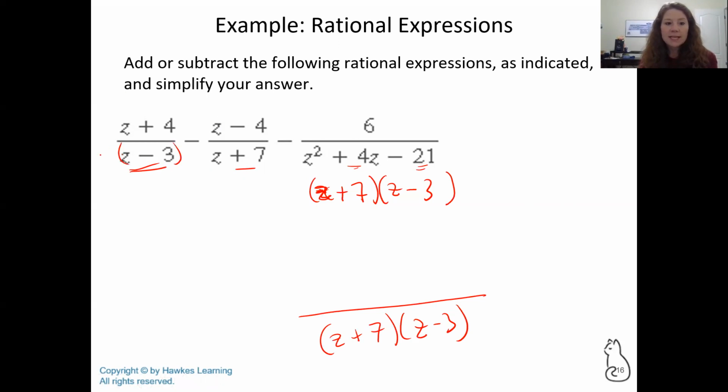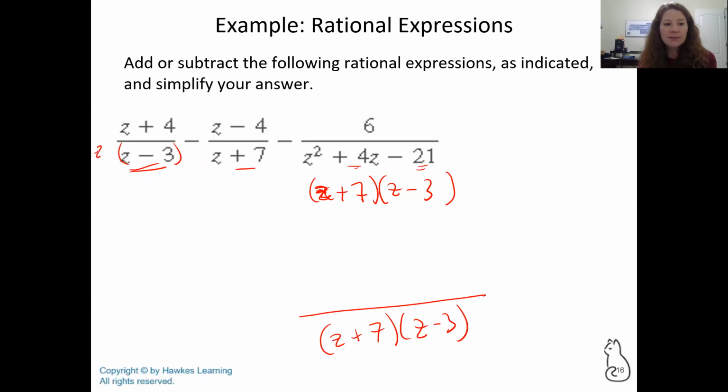So this part is here. What we're missing is z plus 7. We've got to multiply the bottom and the top by z plus 7. The second term we're missing is z minus 3. And the last term, we're not missing anything, right?